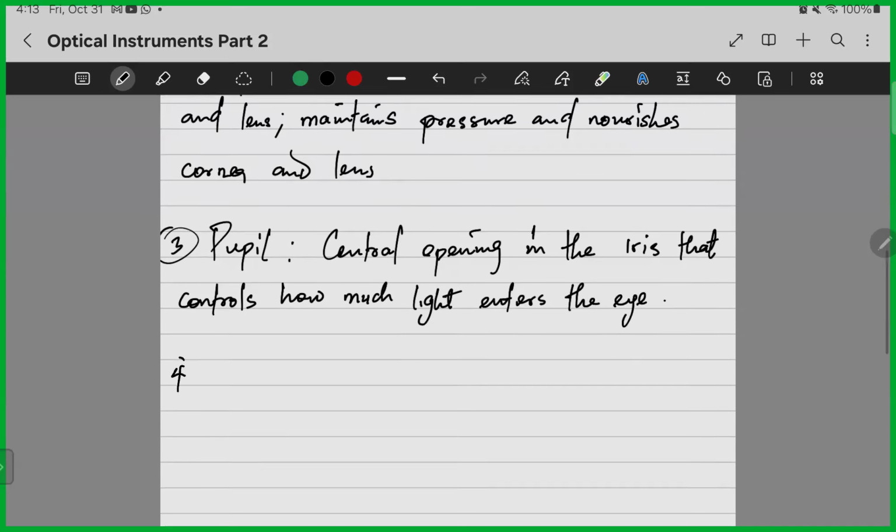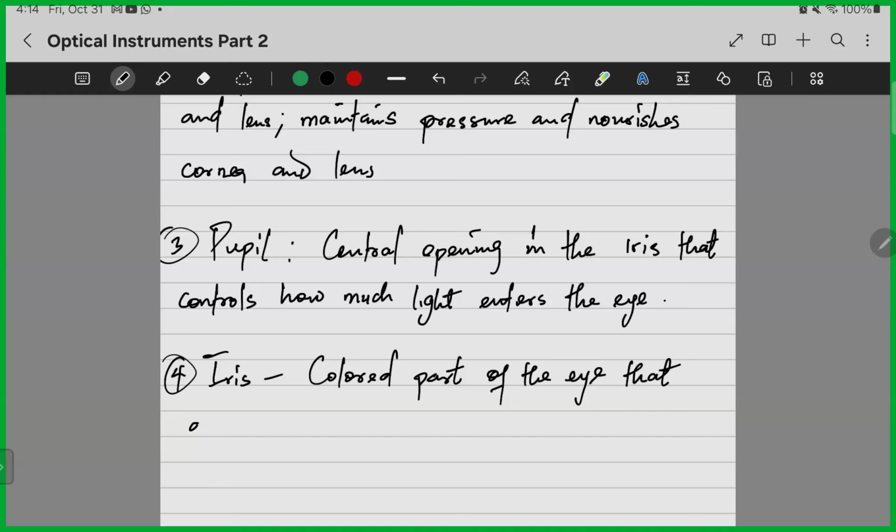Go straight into the iris. This is the colored part of the eye that adjusts pupil size to regulate light entry.